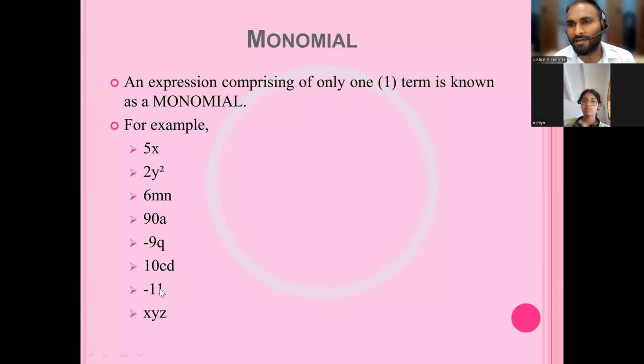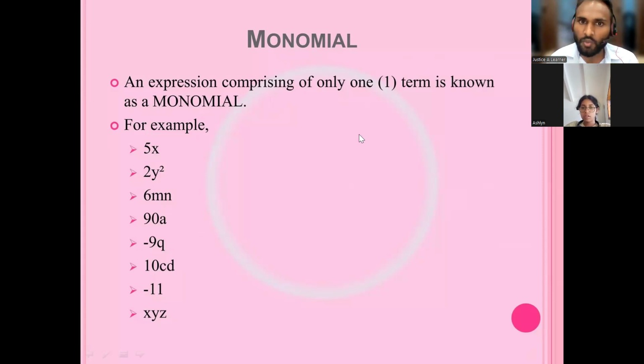Your mind may think, okay, it is not having any variable, so let us not call it an algebraic expression, but that is an assumption that most of the students have, so you may lose the marks in exam. I hope you understand why -11 is an algebraic expression, because we can assume a variable like x, y, z, but we will give the exponent value that is 0, right?